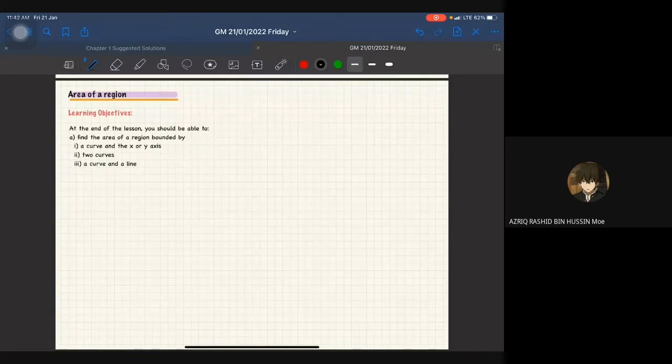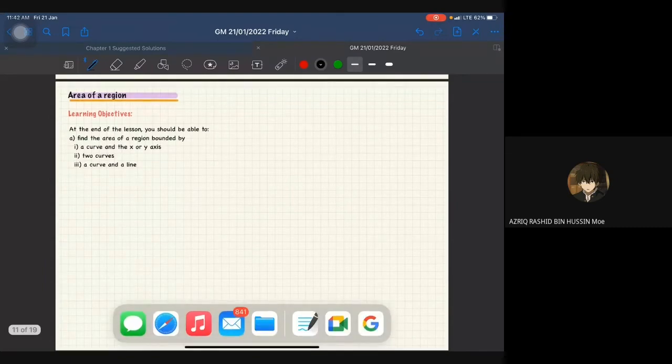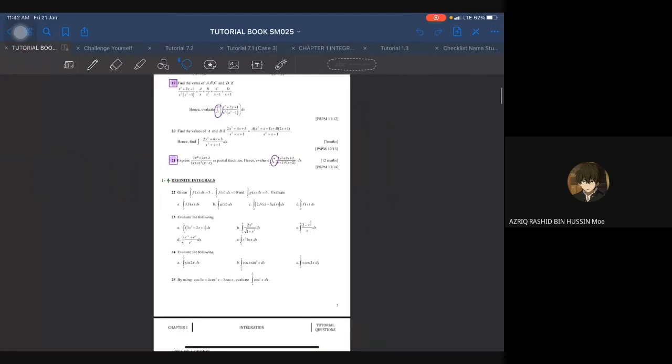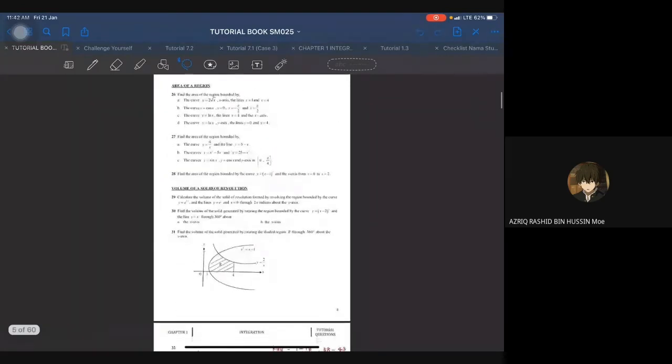Okay, so untuk soalan area and also volume, kita akan discuss on hari Selasa. Okay, sekejap. Let's take a look at berapa banyak soalan kita ada. Okay, so dia ada nombor 26, 27, 28, 29, 30, 31.